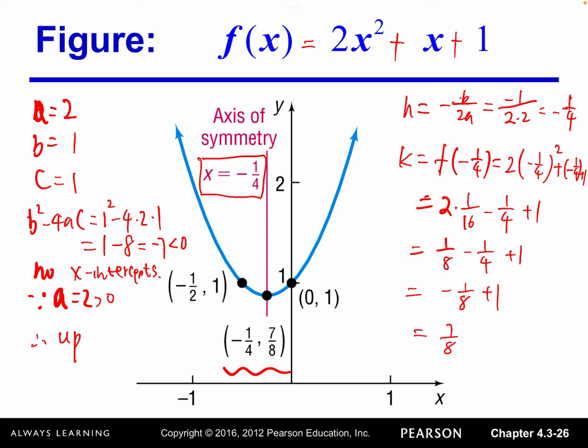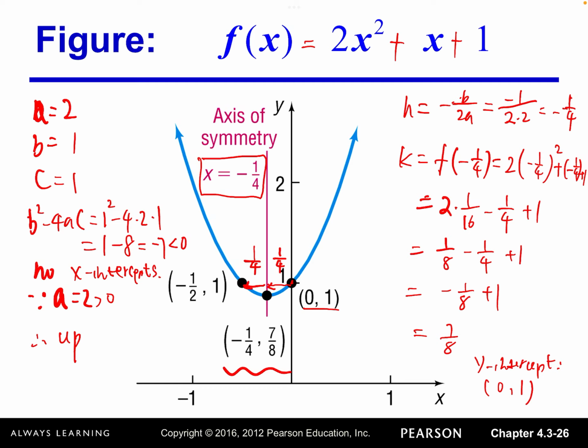And the y-intercept is (0, c), right? The y-intercept is (0, 1), right here. And then based on the symmetrical property, from 0 to negative 1/4, here is 1/4, and this should also be 1/4, because of symmetry.